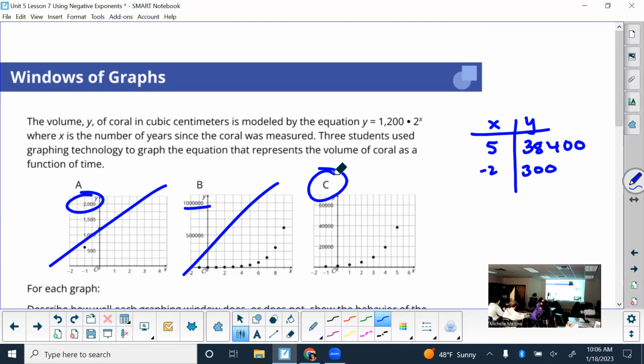So when it's too big, yeah, you can see more data points, but look at how small these numbers look. It almost looks like these are 0 when it's not. It's like 40,000, but you can't really see that on this graph. Okay, good. Questions on that? You don't need to write that down. Just a little tip for you when you're using a graphing calculator.